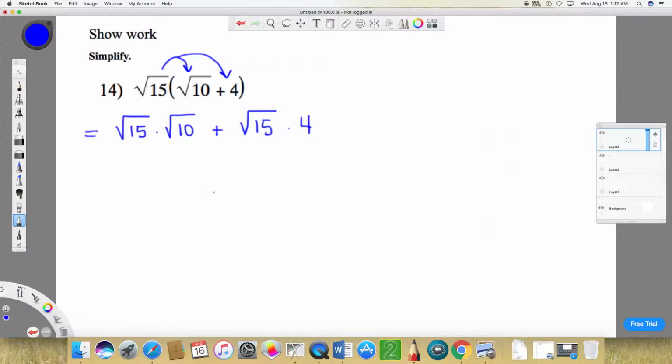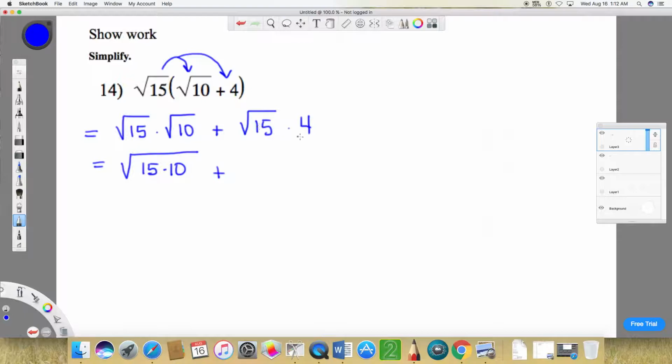Well, when we have two radicals like this that have the same index and you have multiplication, we're constantly breaking apart, but remember, we can also put it together. So these two radicals can be written as a single radical because we have multiplication. Now over here, we can multiply in any order.